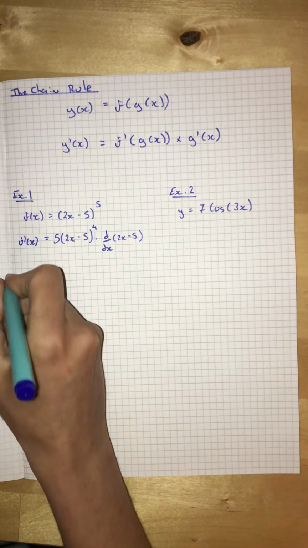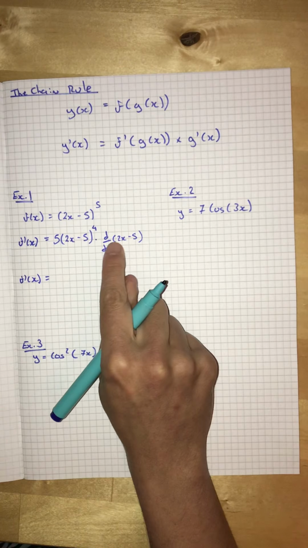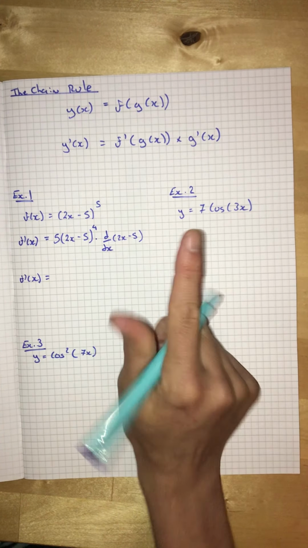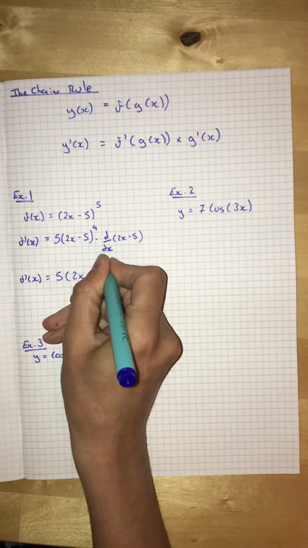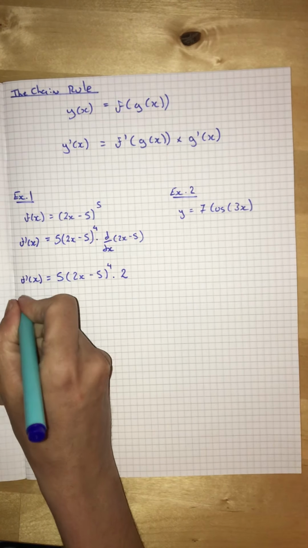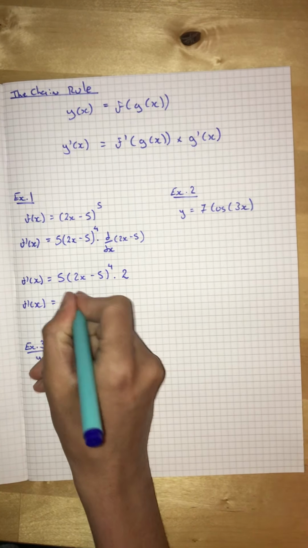Okay, so that means our final answer will include the derivative of 2x minus 5. What's the derivative of 2x minus 5? Well, it's 2. So we're going to get 2x minus 5 to the power 4 times by 2. And I won't leave it like that, because 5 times 2 is 10.